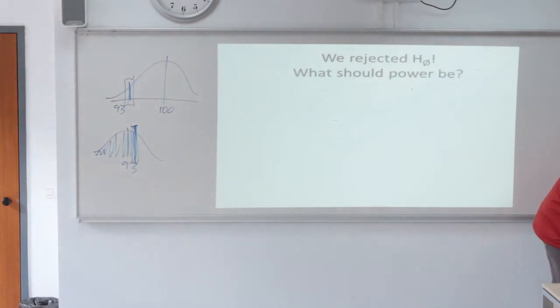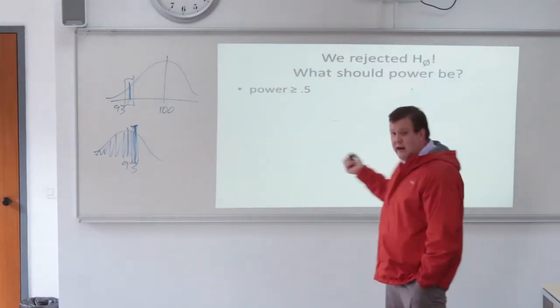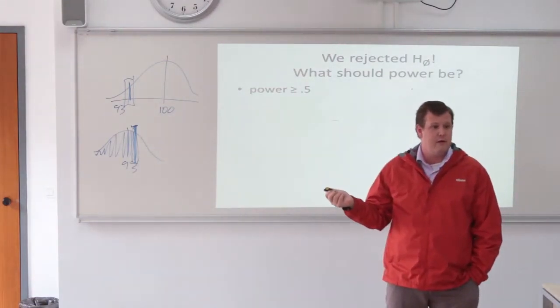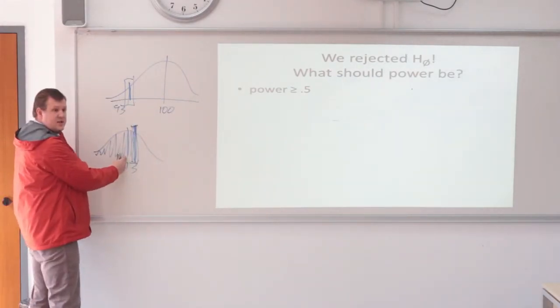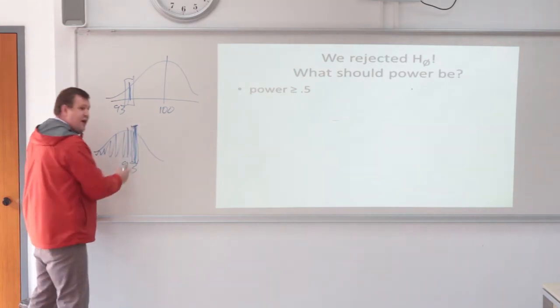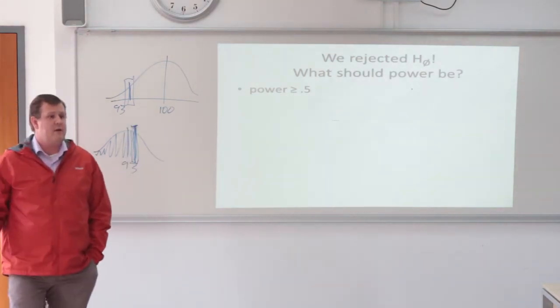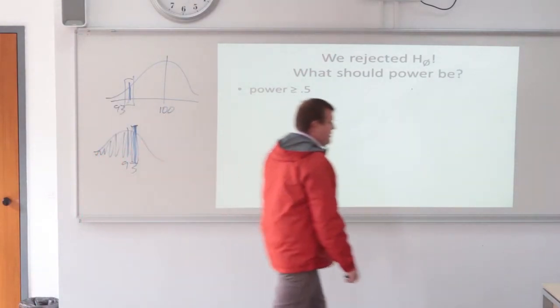So if we reject the null hypothesis, power has to be greater than or equal to 0.5, because 0.5 should get us up to here. If we're rejecting, we want probably someplace beyond that. So it should be more than 0.5. So we got the wrong answer. Okay, so why did we get the wrong answer?